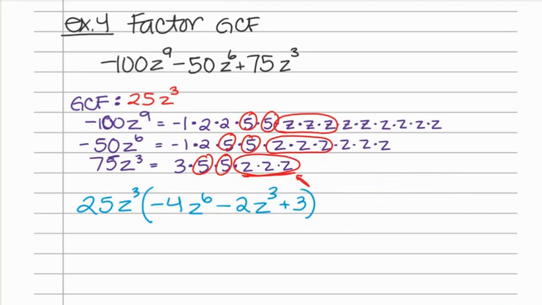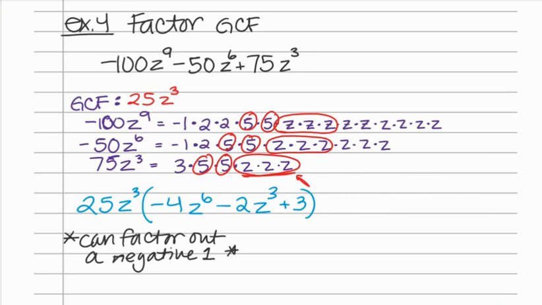Now, there is one other way we're going to look at this for a second. You can factor out a -1. Okay. There are times strategically where this will be what you want to do.